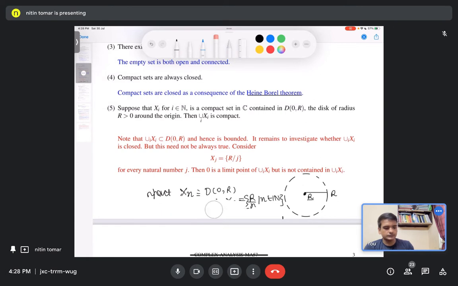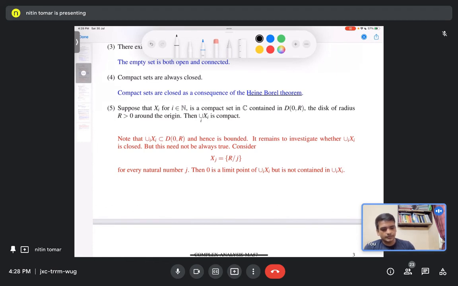So this example you must have seen also in real analysis. This example is the prototype. For example, if you have 0 here, then you consider the sequence 1, sorry, 1/2, then 1/3, and you keep on doing that, via the sequence 1/n.